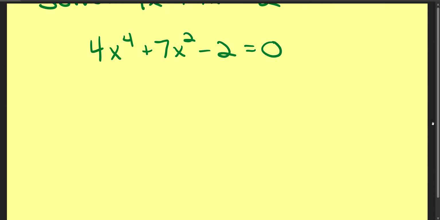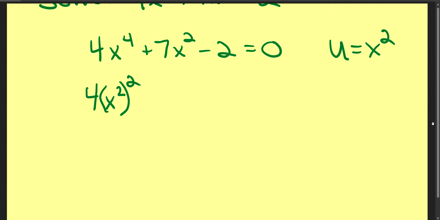So what I want to do is say, this time I'm going to call it u equals, let's see, how can I rewrite this? I could rewrite it as 4 times x squared, raised to the second power. That's 4x to the 4th as well. So what's inside the parentheses is x squared. So I want u to equal x squared.